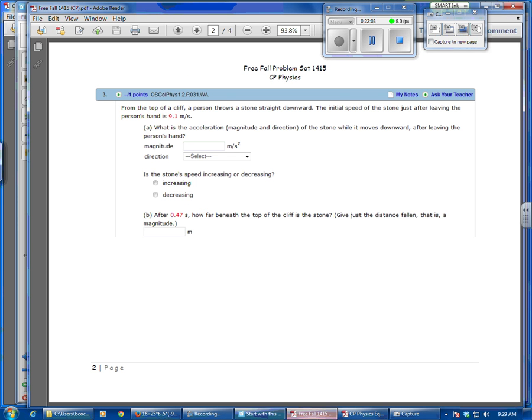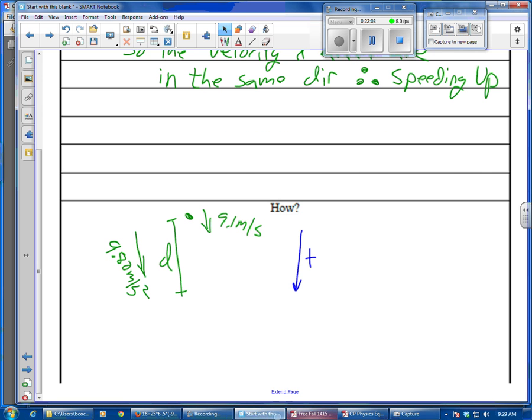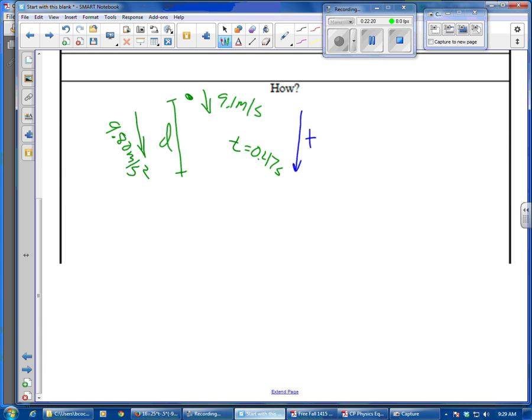And let's see, they want to know after 0.47 seconds, so the time it travels for equals 0.47 seconds. So, I want to know how far it's gone, given all these conditions.